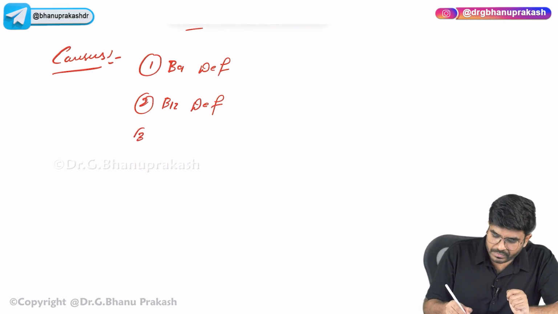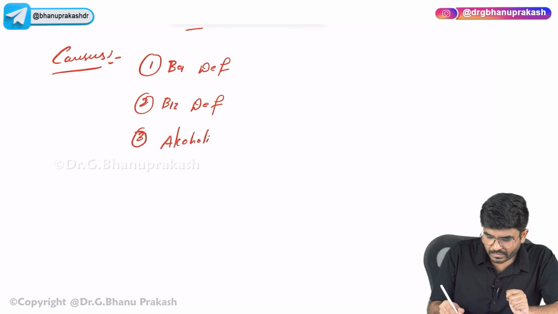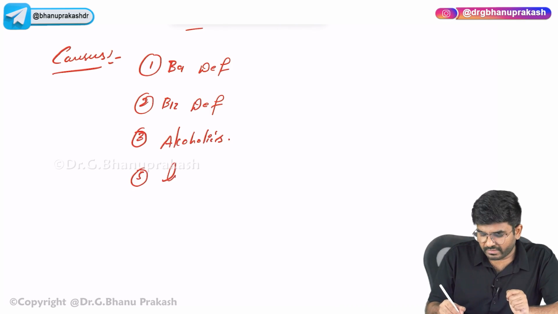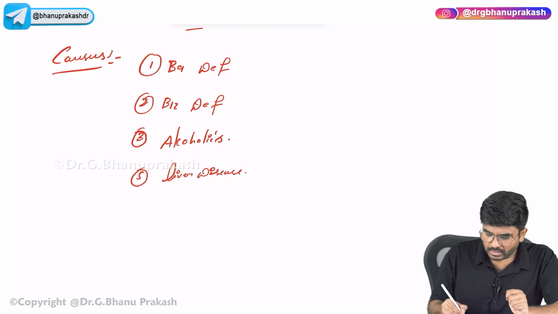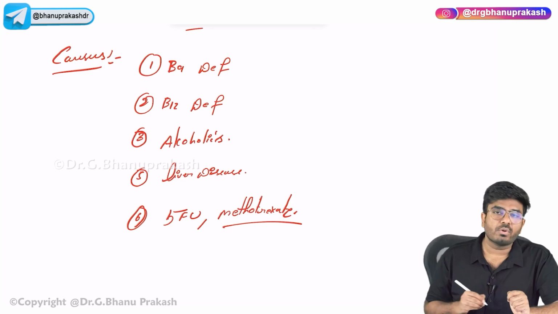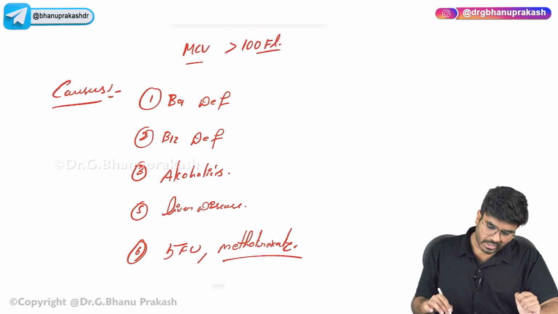Next, it can be seen in persons who are alcoholics, and in patients who have liver disease. Also in persons using certain drugs like 5-fluorouracil and methotrexate, which are folate antagonistic drugs. So these are the points I want you to know.